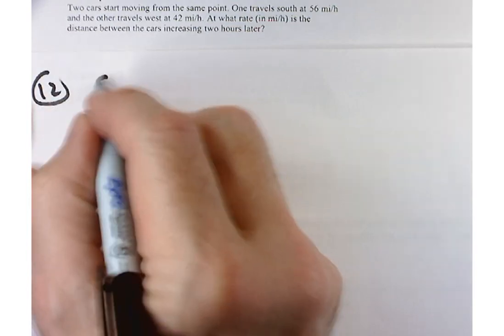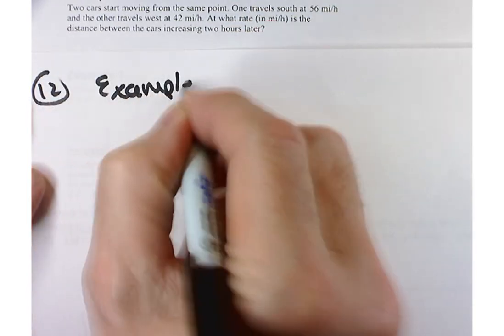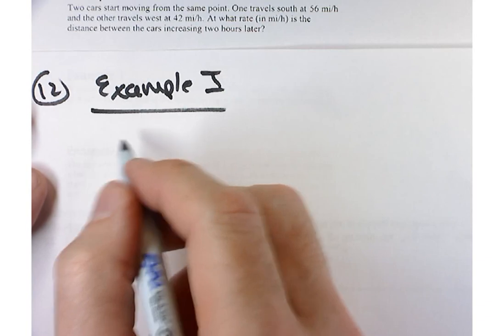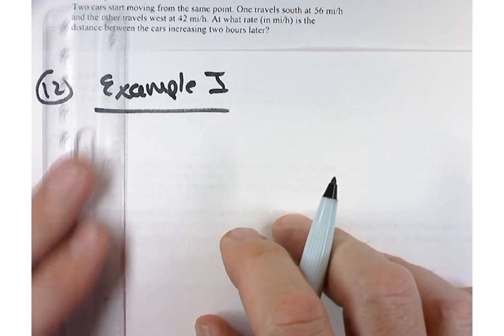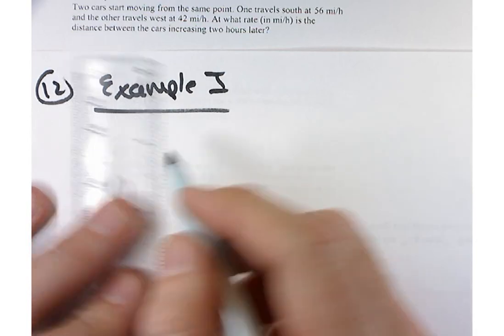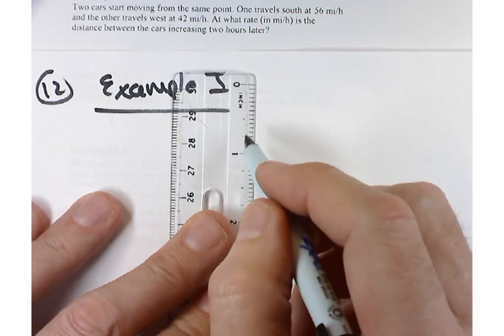All right, so let's see. A nice little sketch of this can help out. So we got one car traveling south at 56 miles an hour, the other one traveling west at 42 miles per hour.